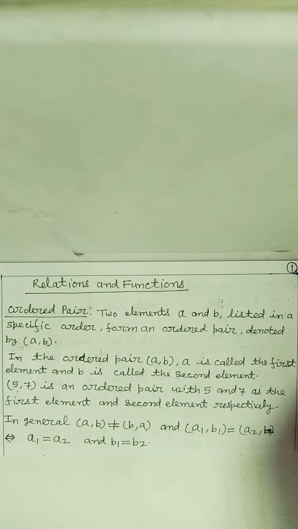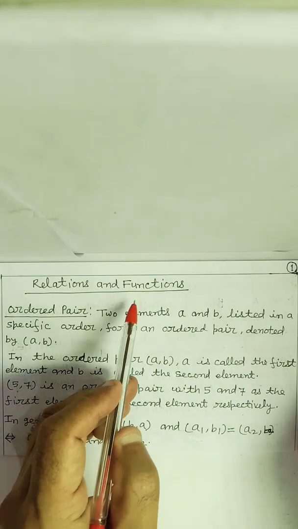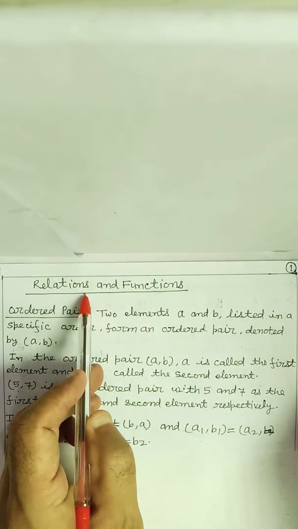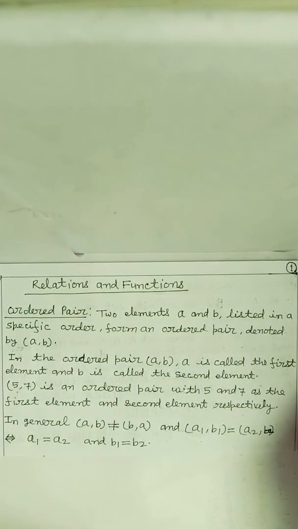Today I am going to discuss a new chapter, relations and functions. Dear students, we are familiar with many relations such as is father of, is wife of, is student of.